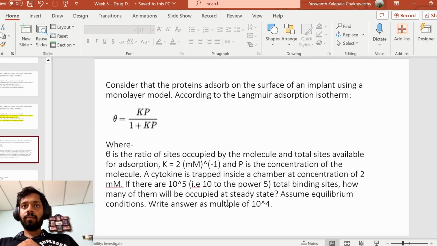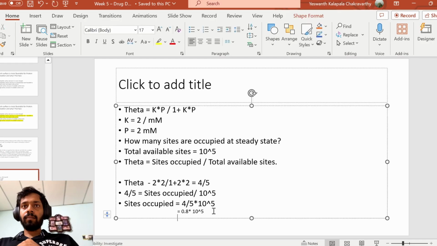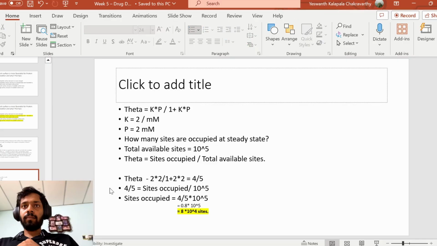Now they're asking us to write the answer as a multiple of 10 power 4. So this will become 8 times 10 to the power 4 sites. These are the total number of sites that are occupied at steady state. Any questions? Does that make sense? Yes, sir.